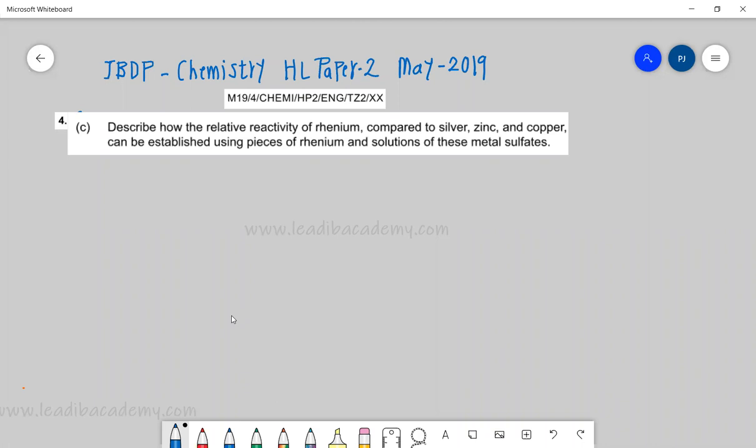Interesting question 4C. Describe how the relative reactivity of rhenium compared to silver, zinc, and copper can be established using pieces of rhenium and solutions of these metals. So first understand what is being asked.